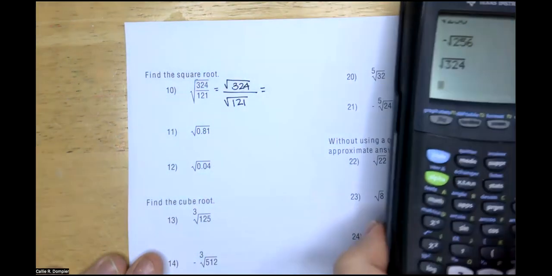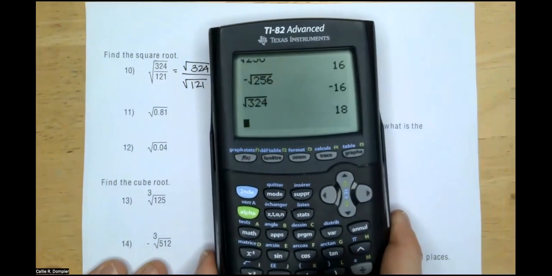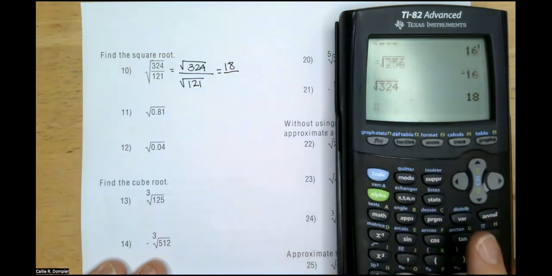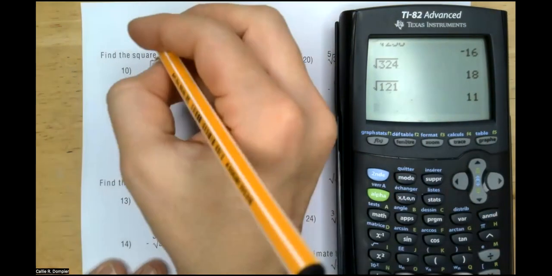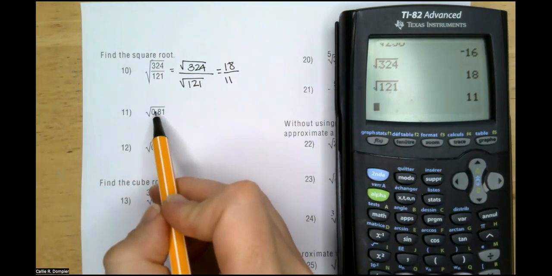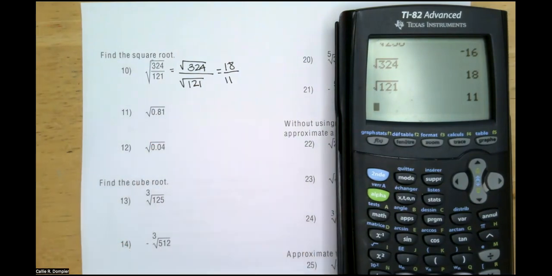The square root of 324 we learned was 18. And the square root of 121 is 11. Good. The square root of 0.81 is 0.9.